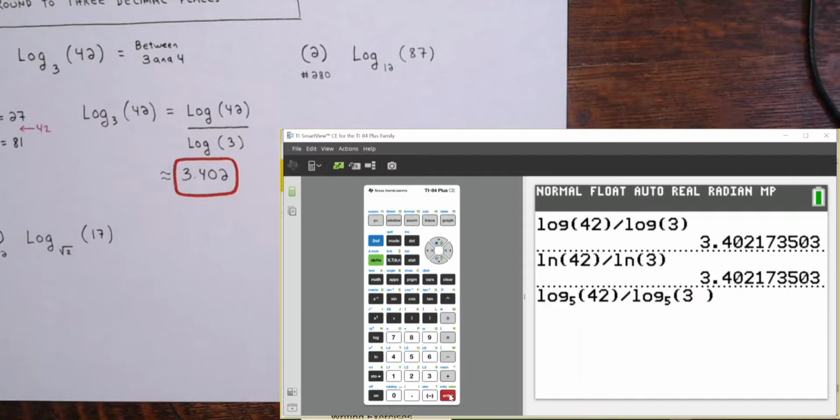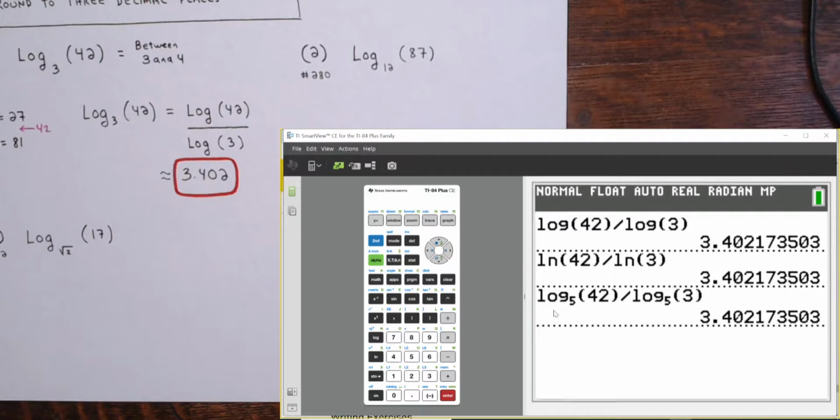And again, you're going to see 3.402. It doesn't matter what base you change it to. So usually base 10 and base e are easier because most calculators have a log base 10 button, LOG, or a log base e button, the LN.